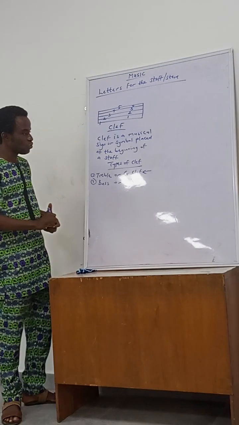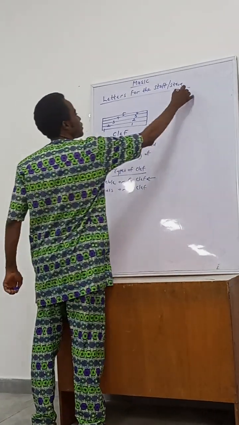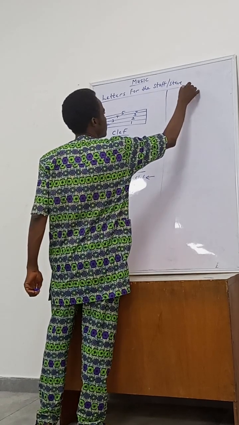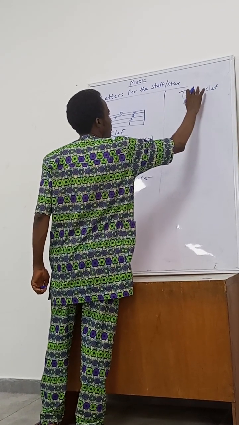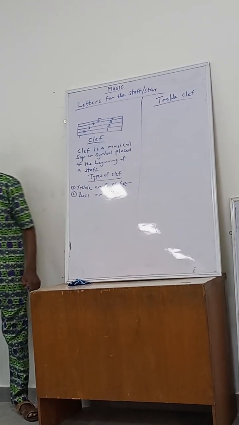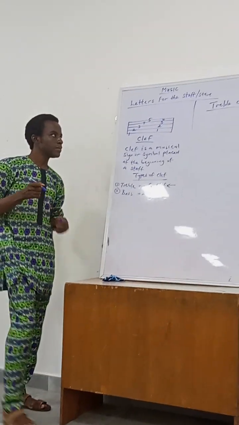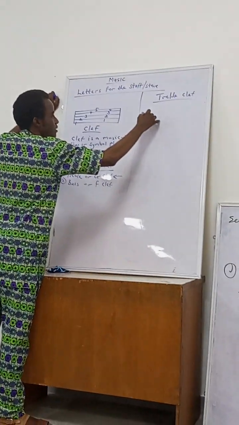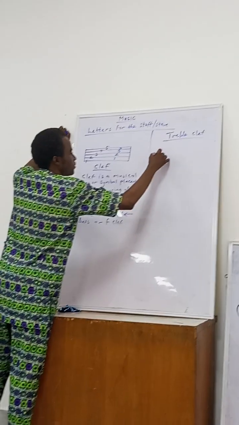Now, let's consider the treble or G clef first. Here we are going to look at the staff one more time. Let me draw the treble clef. How does treble clef look? This is the sign or symbol that represents treble clef.